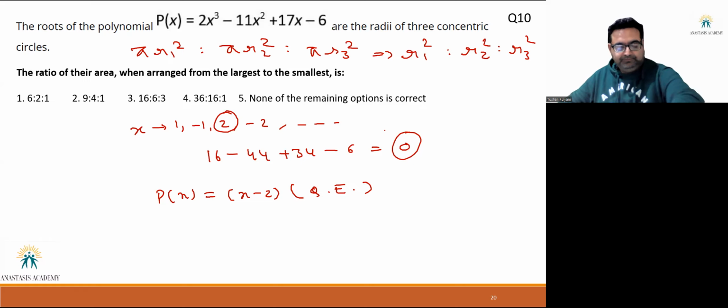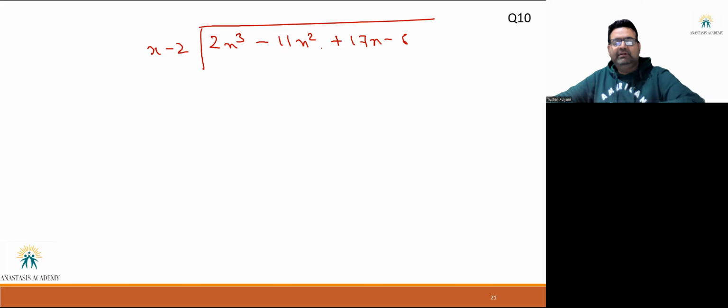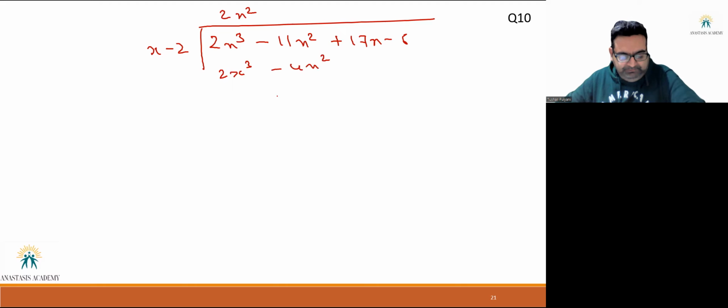So 2x cube minus 11x square plus 17x minus 6. You have to divide it by x minus 2. This is a bit of effort in this question, but this we do in class, right? You first multiply by 2x square so that this 2x cube goes, minus 4x square. You subtract it, this term gets cancelled.